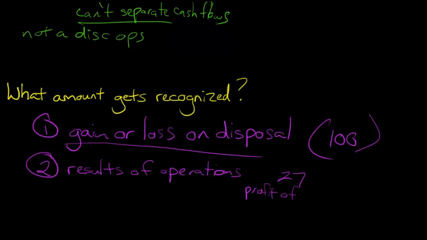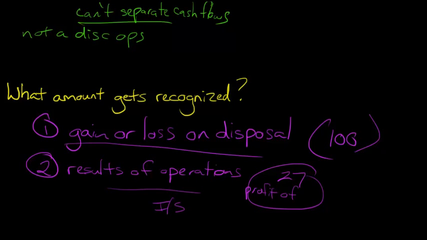If we could separate them out, present that car division as if it had its own income statement, and it had a profit of $27, that's the result of its operations. We're talking about the ultimate income or net income of that division.